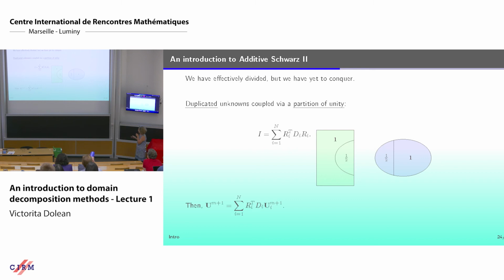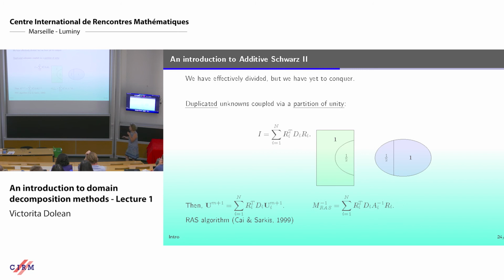I use the partition of unity, and then I assemble everything in order to get the global solution here. And that's it. So I get my first domain decomposition algorithm, right? In fact, this is the discretization of the original Schwarz algorithm, as you have seen it at the very beginning. Now, there are a lot of subtleties here, so you can probably ask me more.